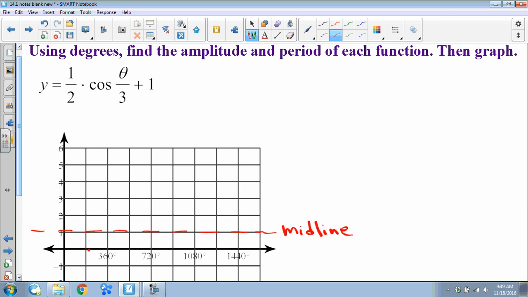My midline is now there. So when I do the amplitude, my maximum and minimum, it's going to be from the midline. It's not going to be from 0. If you do it from 0, it won't be symmetrical anymore. Okay? And so my amplitude is what?